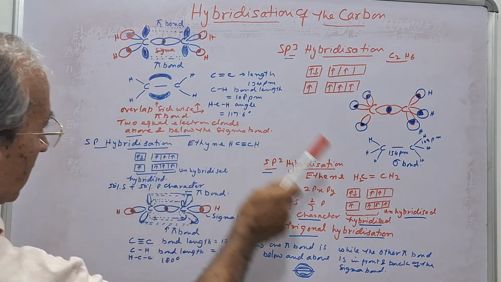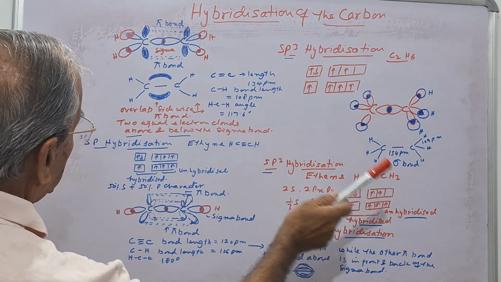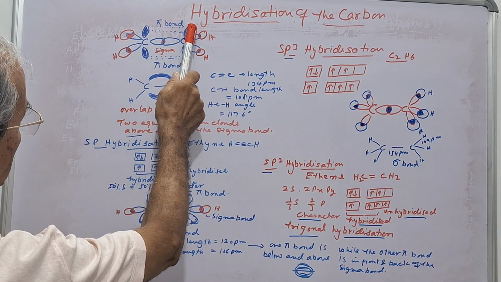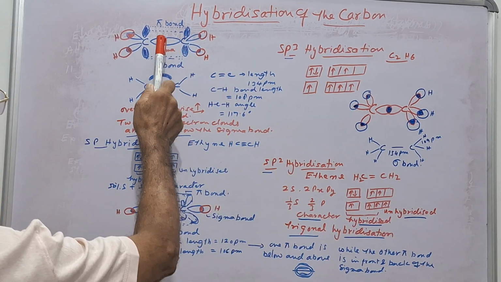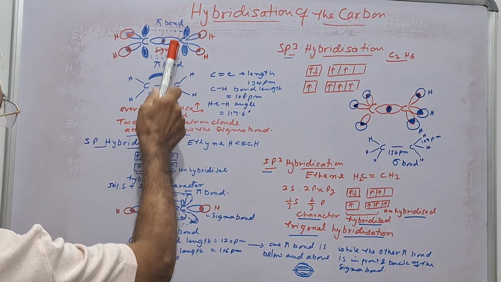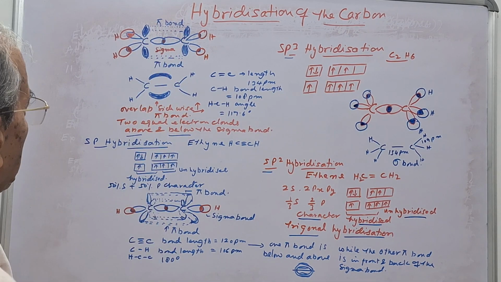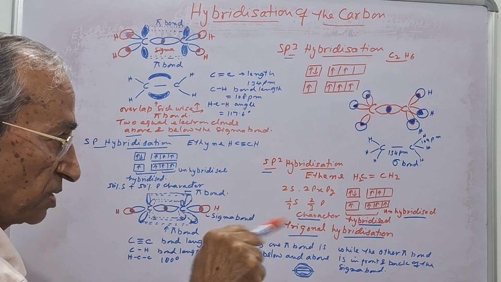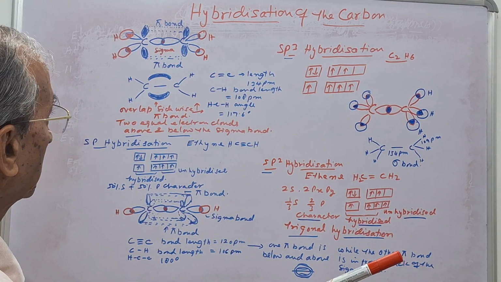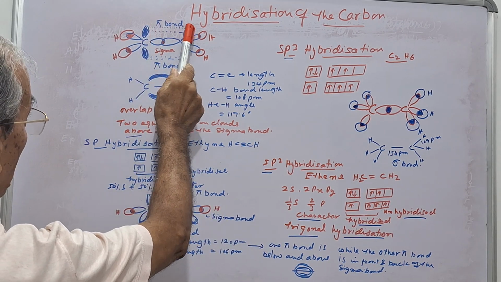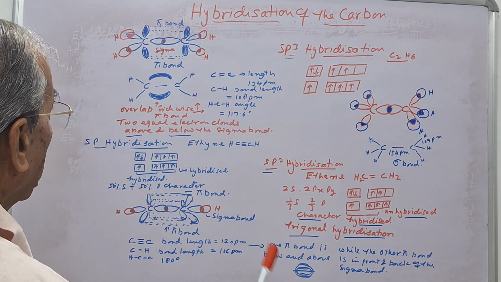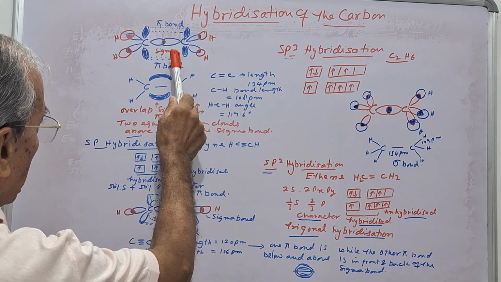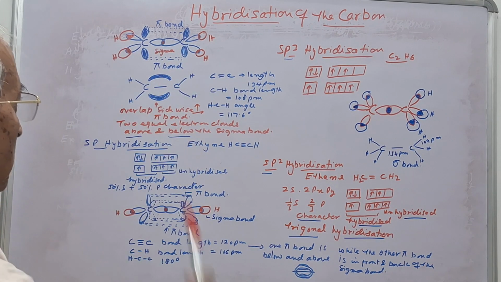So here the unhybridized, that is pz, lobes overlap laterally and form the pi bond. The important thing is that electrons move in a cloud, that is a space. So we say the clouds overlap laterally and form a shape like a harpoon, that is above and below the sigma bond.